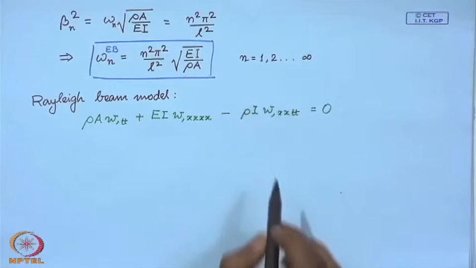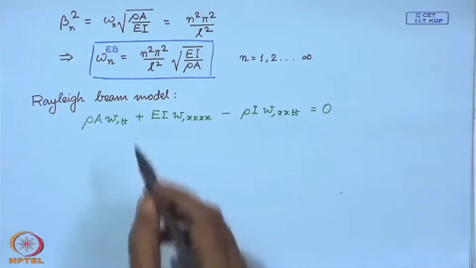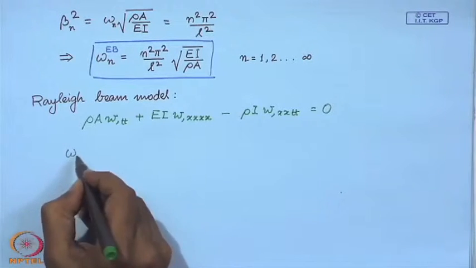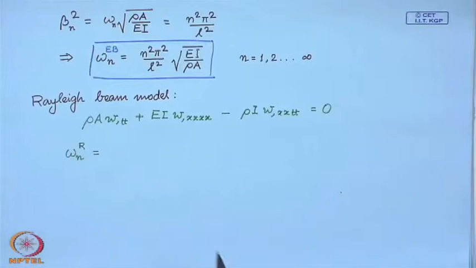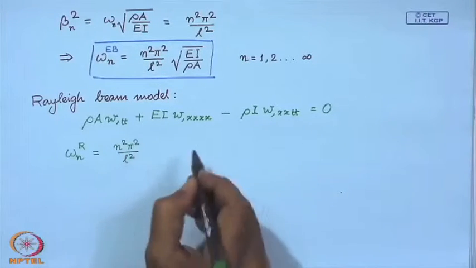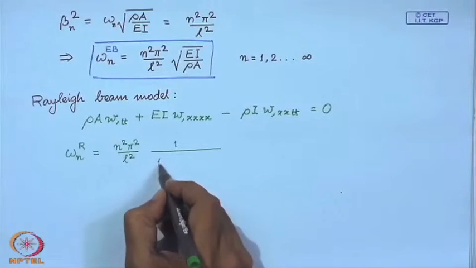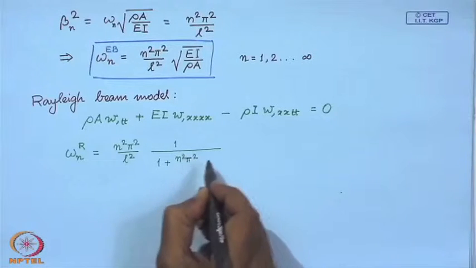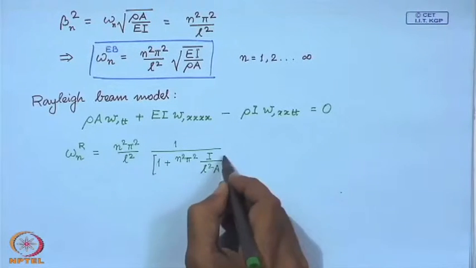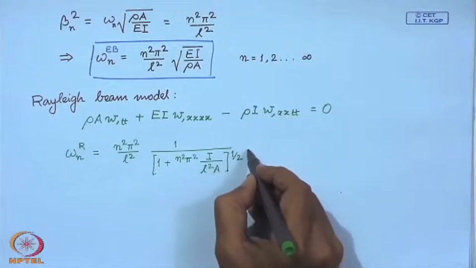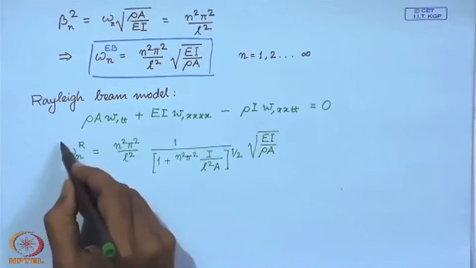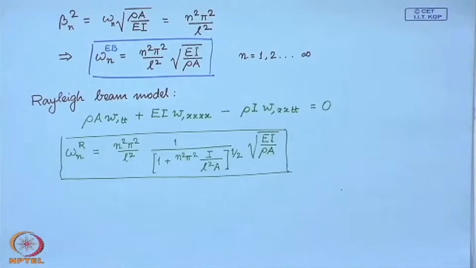So, this is the rotary inertia term, and if you follow steps similar to what we have just done, then you will get the circular natural frequencies of the Rayleigh beam as, so, this is for the Rayleigh beam.